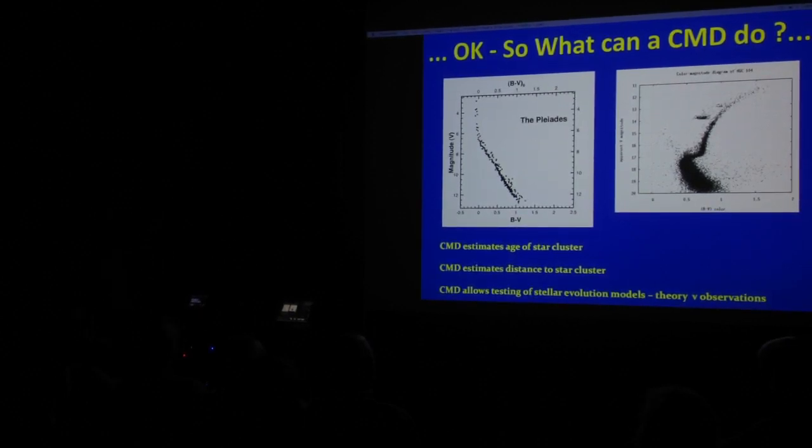JJ at the University of Auckland is big on that, particularly with massive stars, modelling their evolution. What he's found is that early models didn't take account that a lot of stars are in binaries, and that does make quite a difference to the models when you include binary stars.